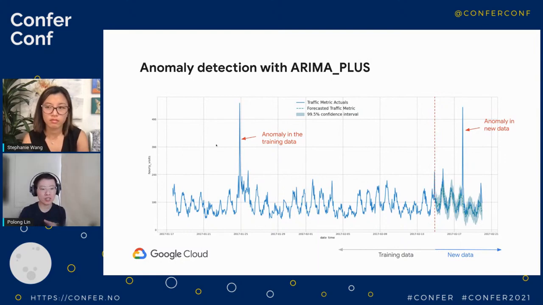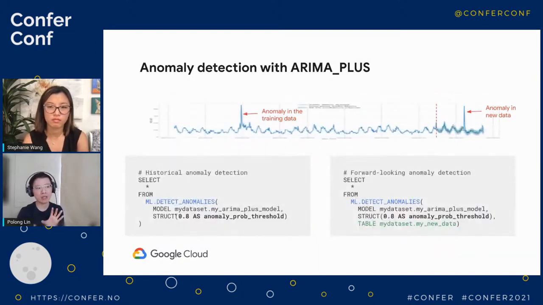Now, in the next slide, you can see how Arima Plus can be quickly used to detect anomalies, both historically and also for new data. I say historical, but it's basically based off of the data that it was trained on. So in the first section on the left-hand side here, you'll see select star from ML.DETECT_ANOMALIES.